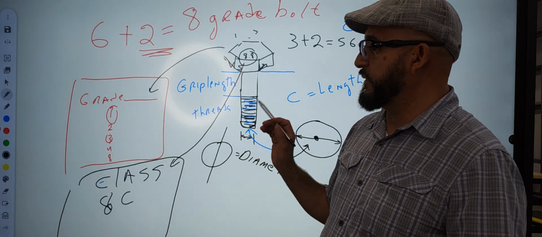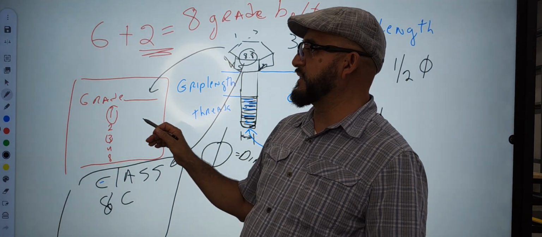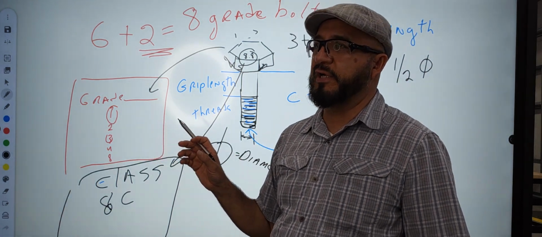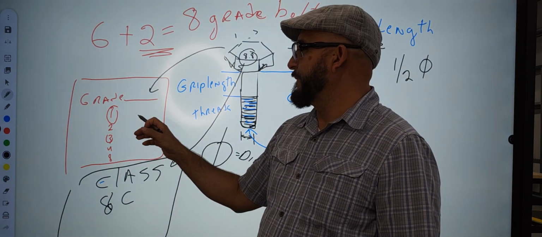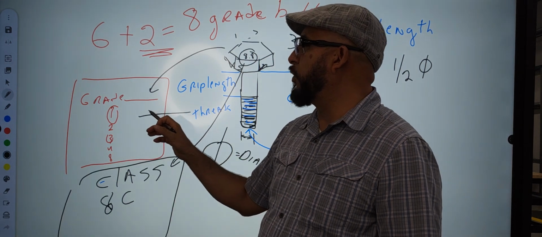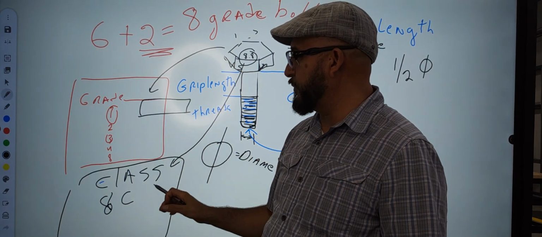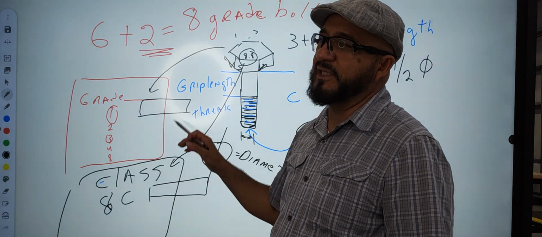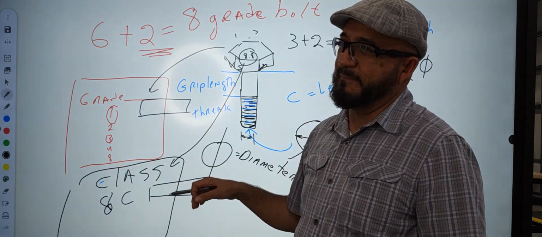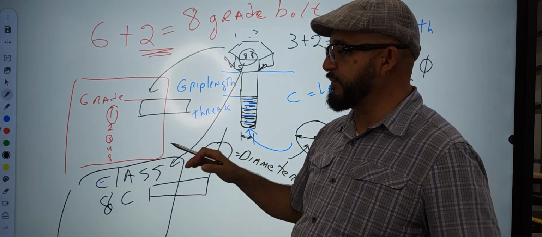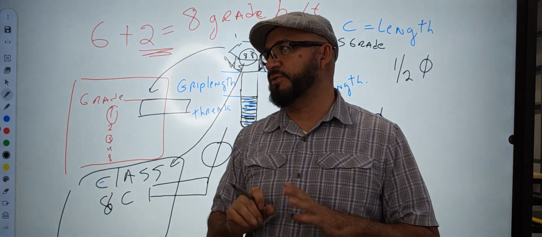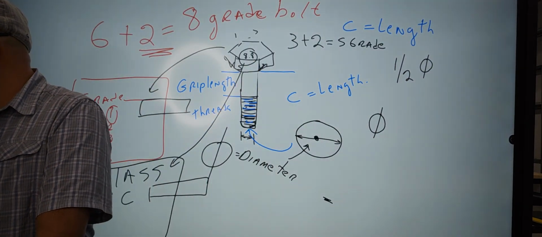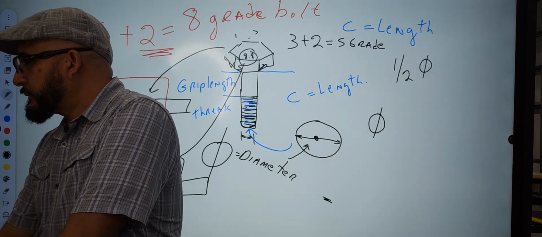The only difference is that the grade system uses PSI sometimes for pressure and other units. The European system will use something like Newton meters. So you may need to do conversions between them. There are different units for forces and pressures, depending on what units you're using. All right, so that's about bolts.